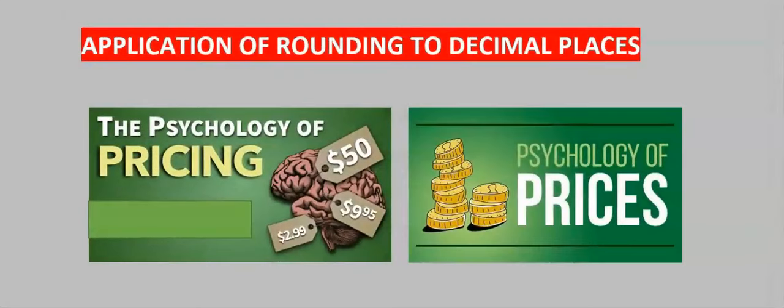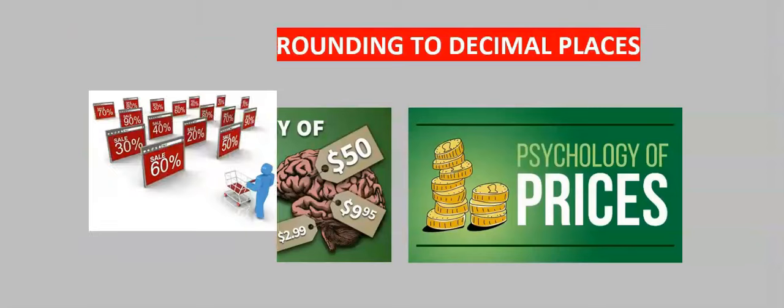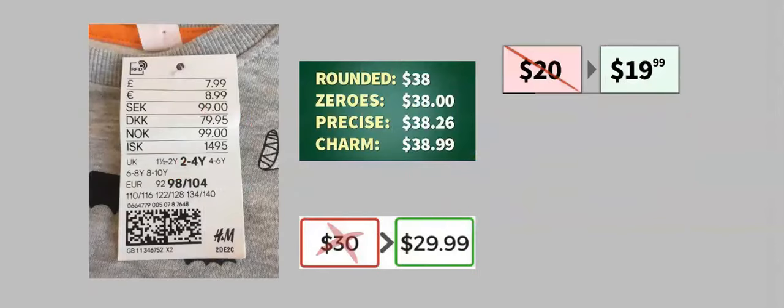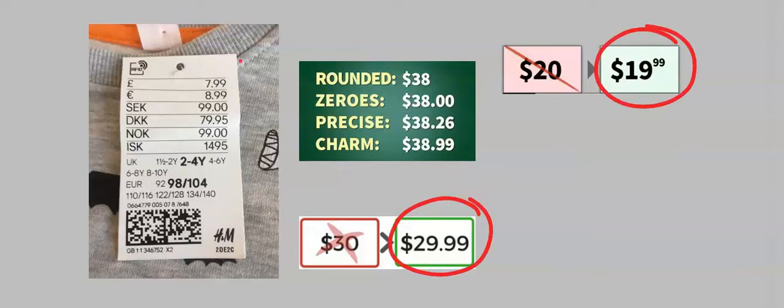Rounding can be applied in the psychology of pricing, especially when buying commodities. Instead of using whole numbers, most products will be tagged with prices that have been rounded to 2 decimal places.